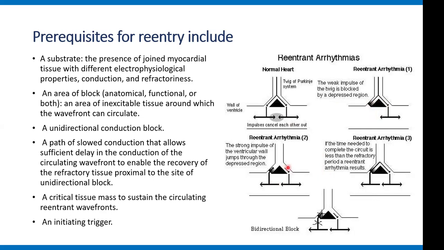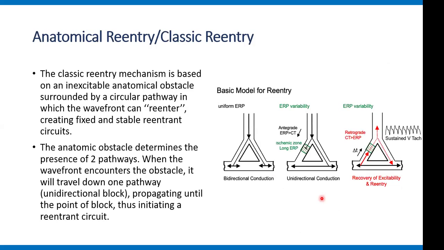This is an example of that. It goes through like that. And then this one is slow, but you can have it going through again. Okay. When it's bi-directional, usually you won't get re-entry because it blocks it. So it just goes around it and continues. Okay. So that was me explaining the re-entry mechanisms.